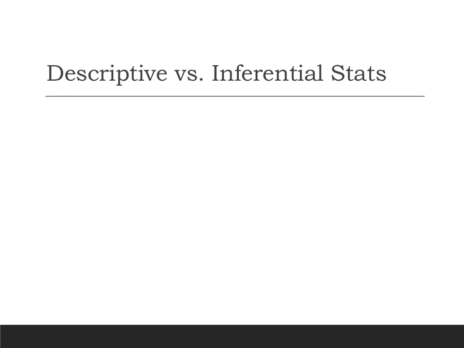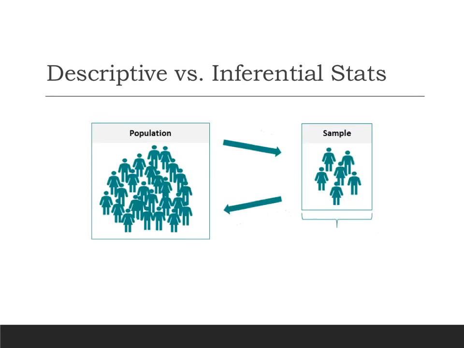All right, and then here with descriptive versus inferential statistics, this is another place where the parameter versus the statistic is used and is important. So I've got an image here that we're going to work on or write on, that has the idea of the difference between these two things.